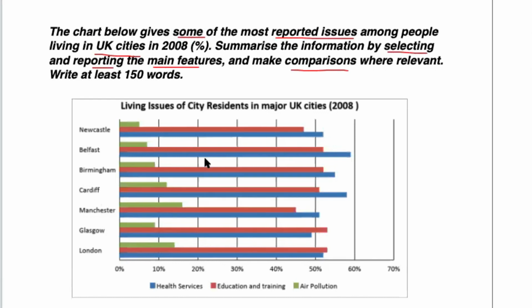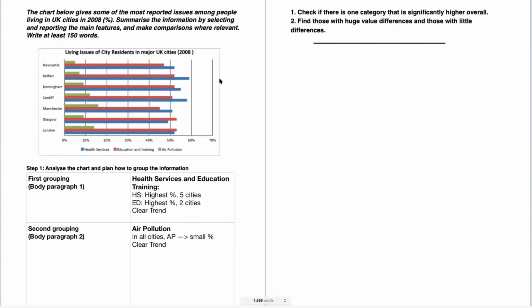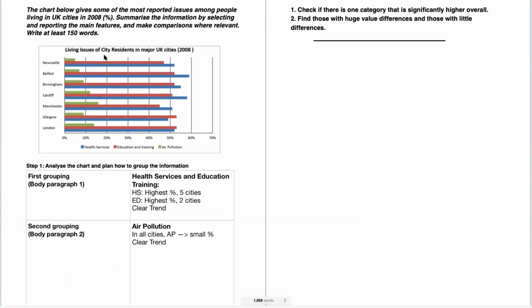Now, this is probably the trickiest example, but it's best if you actually sort of combine steps 1 and 2, because it really isn't that difficult. So if you just look at this, it's very, very clear that air pollution is the lowest amount. So it's got the lowest percentage, and health services and education and training are quite similar and really high, especially when compared to air pollution.